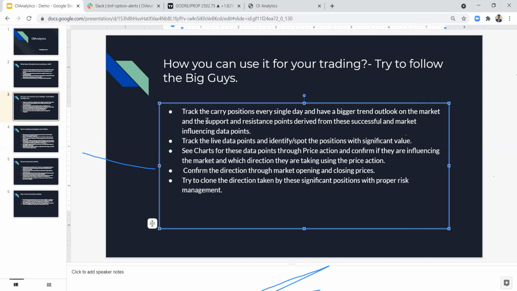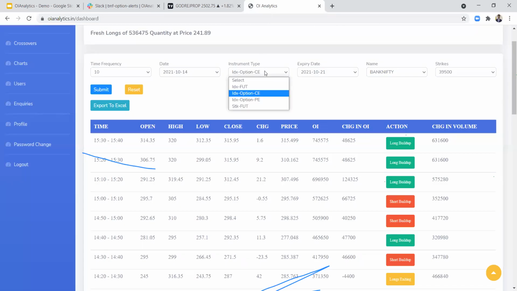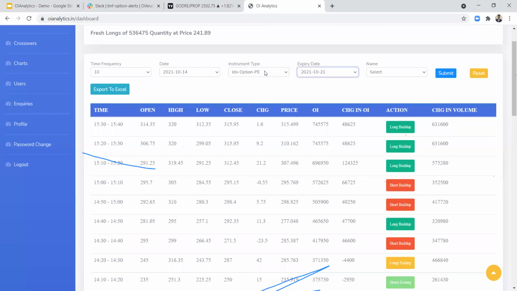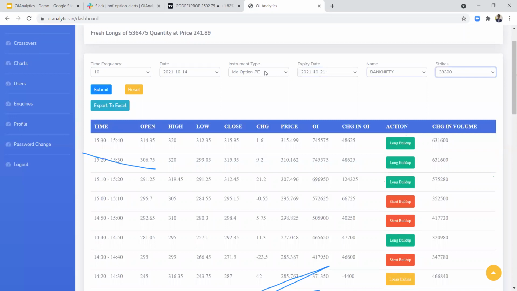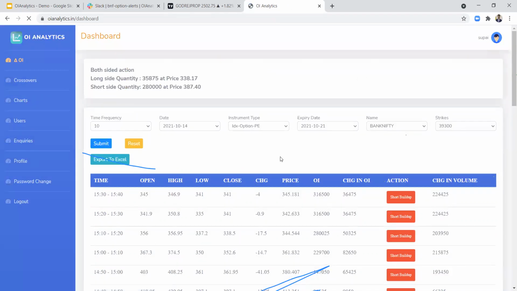And from those data points, you also get support and resistance, right? So to say, let's see 39,300 put. Let's see what is the position exactly that got built up on Thursday. That is the last working day. If you see, it is about 280,000 short side quantity at 387, right?